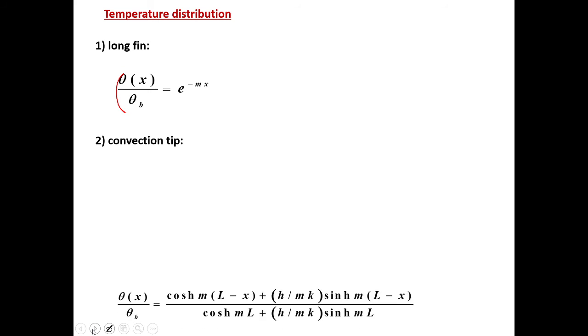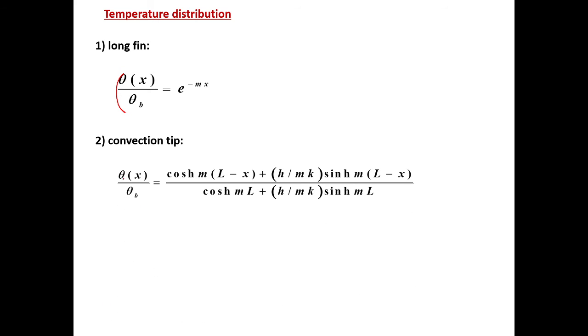For a convection tip, θ(x) upon θb equals cosh m(L minus x) plus h upon mk sinh m(L minus x), divided by cosh mL plus h by mk sinh mL.